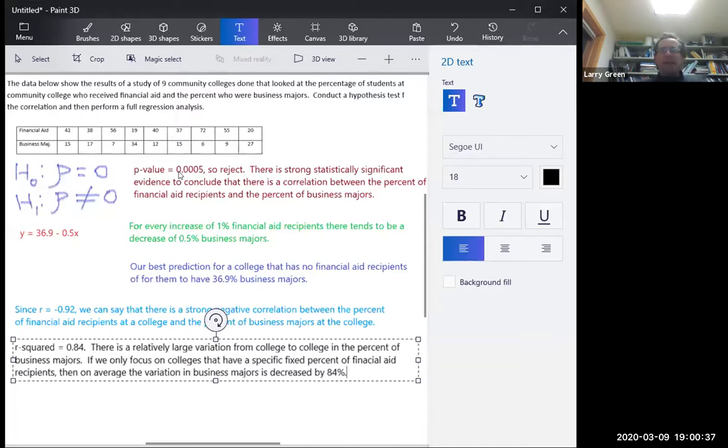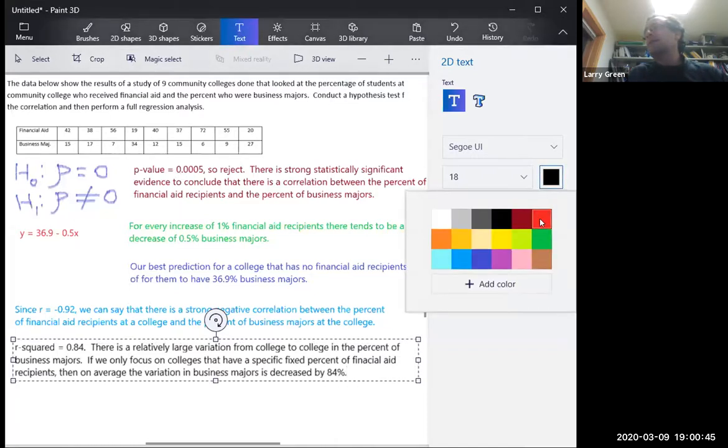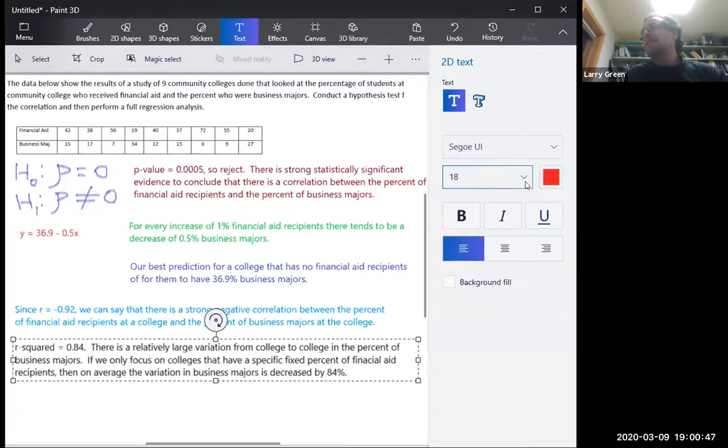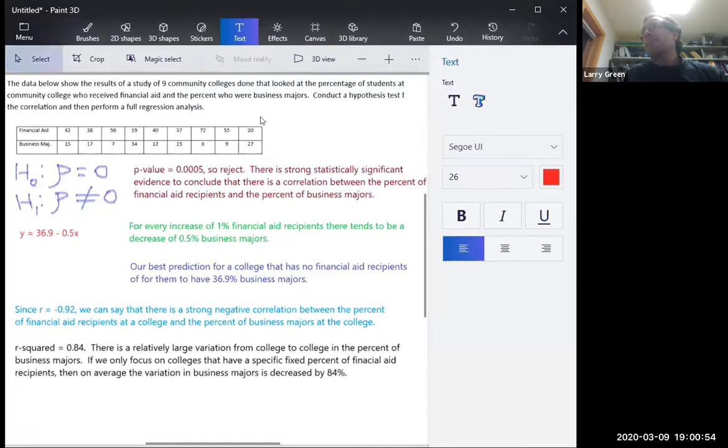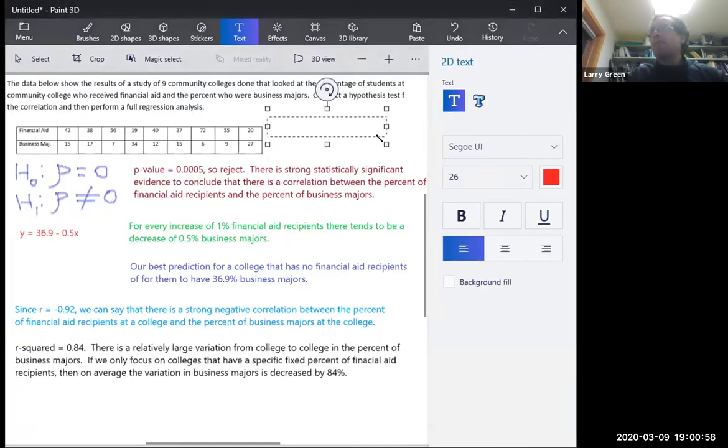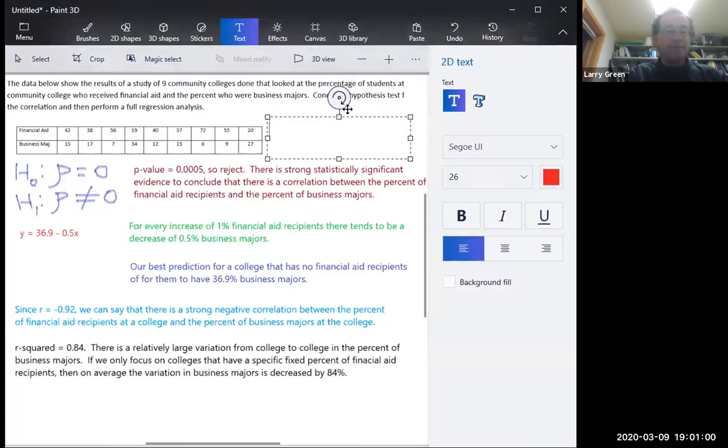Okay, any more questions on this? What I want to give you now, in red, in bigger font, is the secret word.